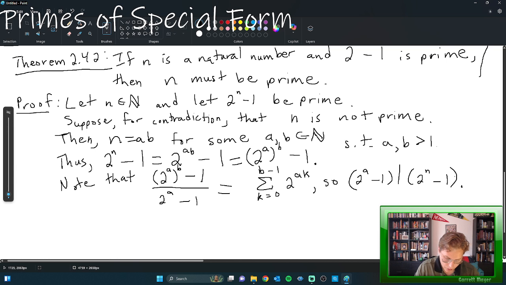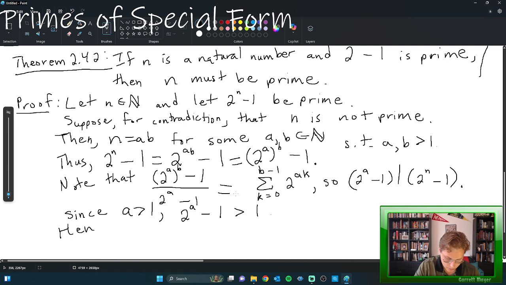But also, we know that this has to be some integer, just because it's the sum of different integers. So basically, you have this divisibility here. So since a is greater than 1, 2 to the a minus 1 is greater than 1.